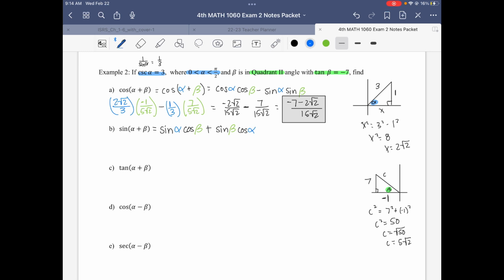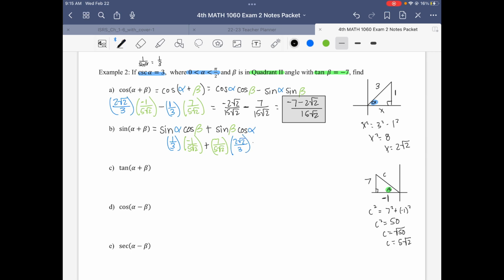The sine of alpha is 1/3. The cosine of beta is -1 over 5 square roots of 2. The sine of beta was 7 over 5 square roots of 2. And the cosine of alpha was 2 square roots of 2 over 3.